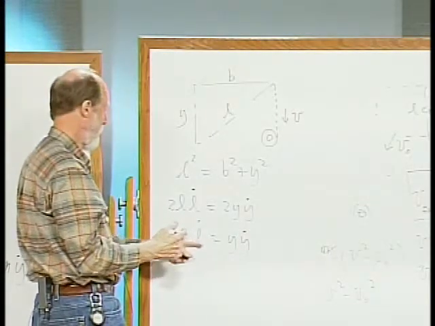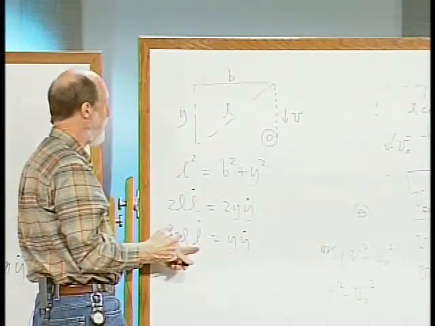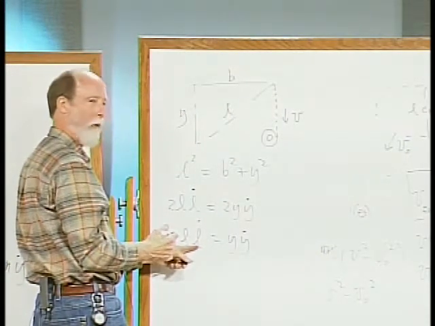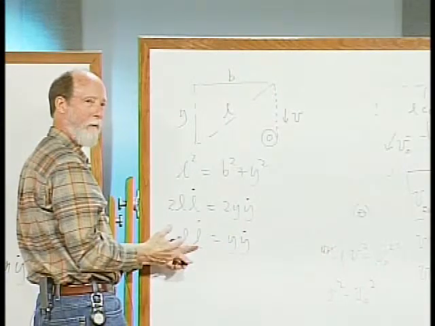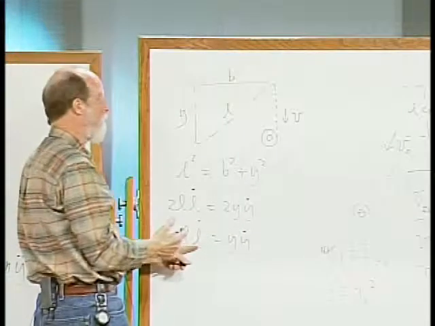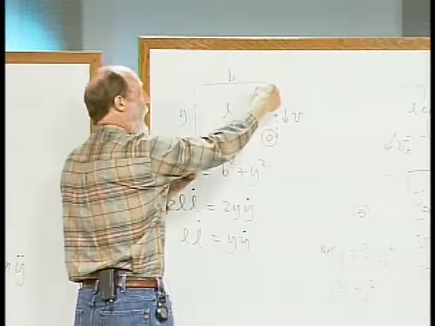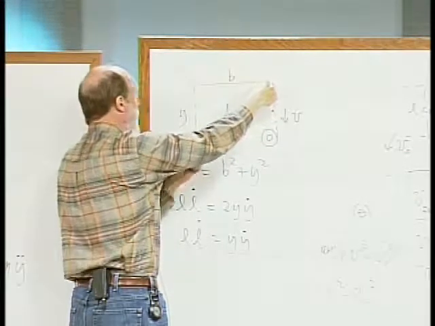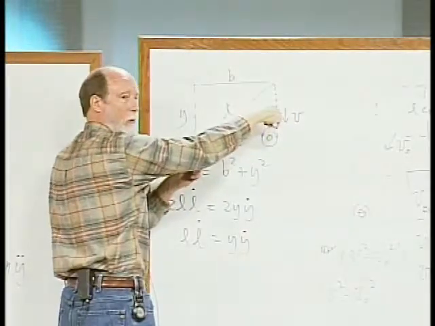Well, don't we have the constrained motion equation? L dot equals negative V over 2, right? Isn't V negative L dot, or L dot negative V? Doesn't this length contract as that thing moves?